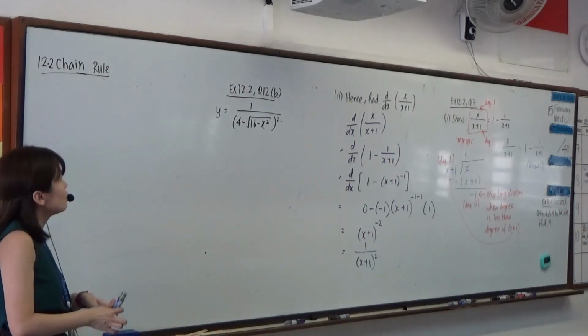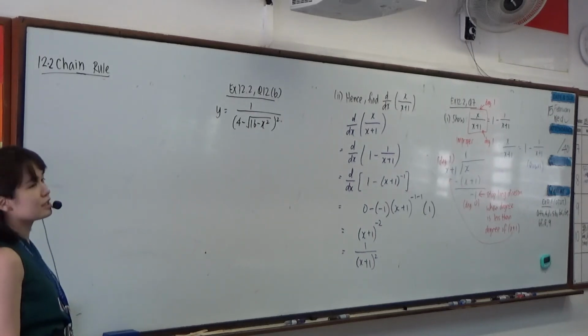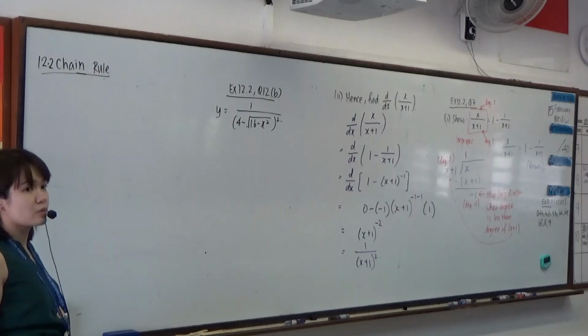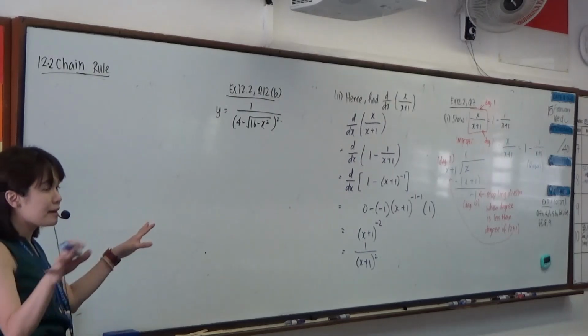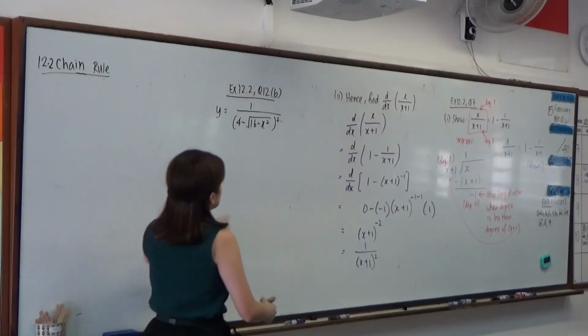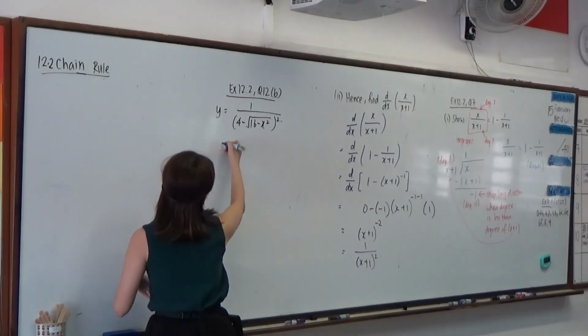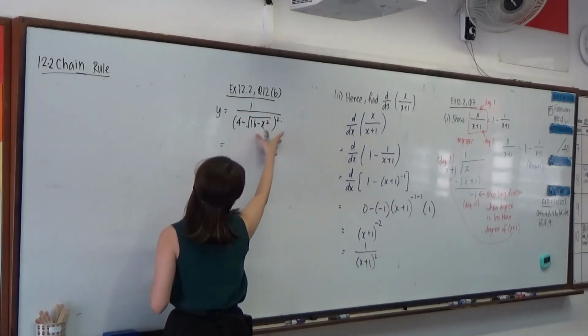Okay, so we have y equals to 1 over 4 minus square root 16 minus x squared, then the whole thing square. So we must get our foundation right. Always, okay, the x whatever must be the numerator. So we always set that up first. So this one, move up.